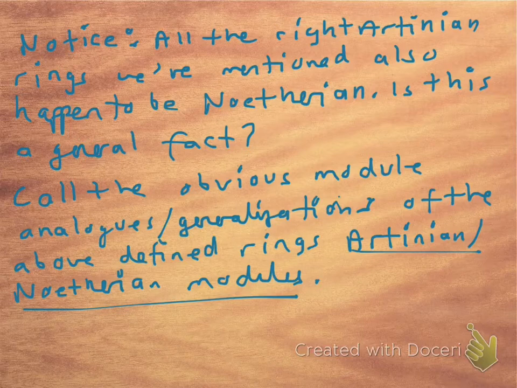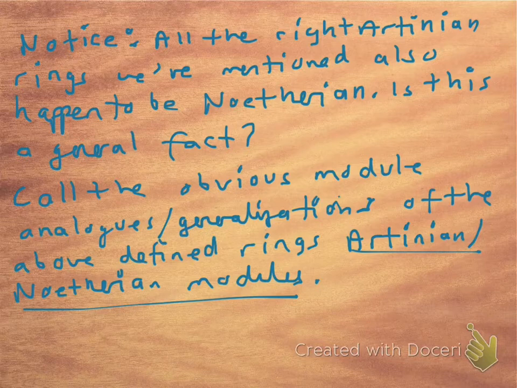Before saying yes or no to that, let's remind you of the module generalization of the general case of Artinian and Noetherian defined for modules once again. And now we can get to the answer of this question, I guess. But let me stand corrected. In the next slide, what I'm going to do is this.